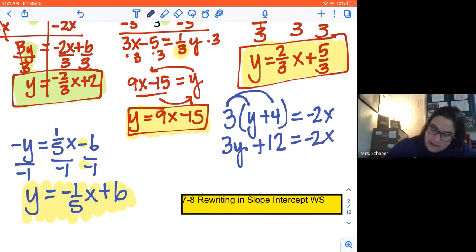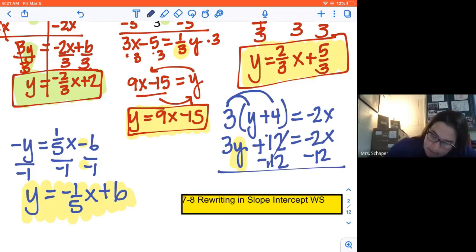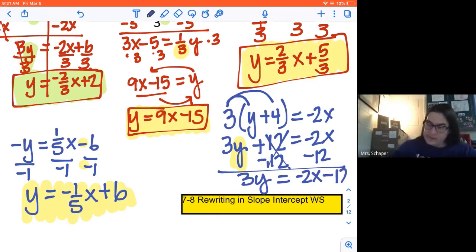My next step then is I really want to get this y by itself. And so to do that, I'm going to subtract 12 from both sides. So 3y equals negative 2x minus 12.